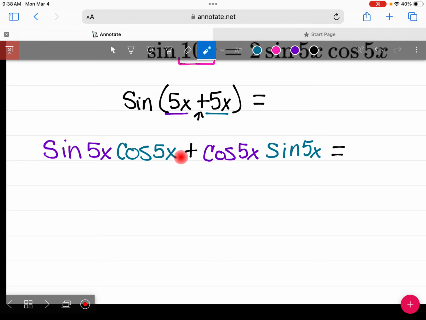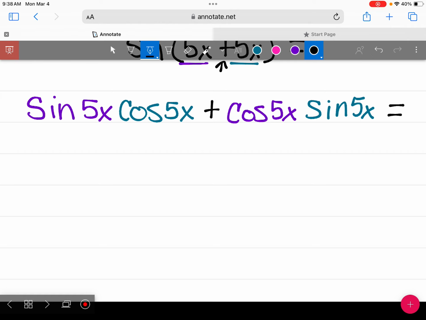So do we see what's happening here? We have sine 5x, cosine 5x, and cosine 5x, sine 5x. Are these two terms the same? Yeah, because it doesn't matter what order we multiply it in.